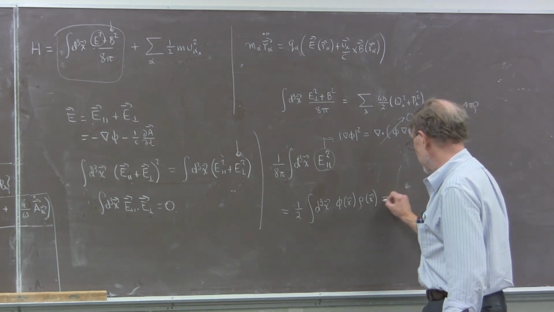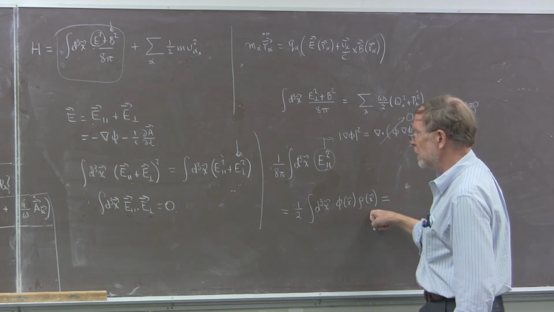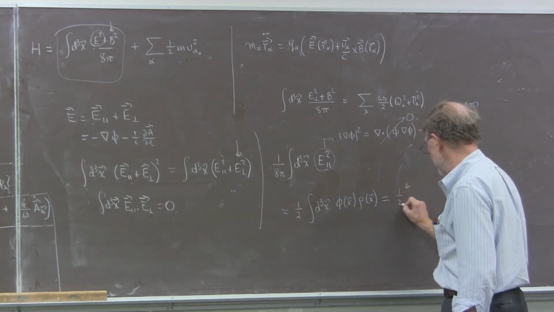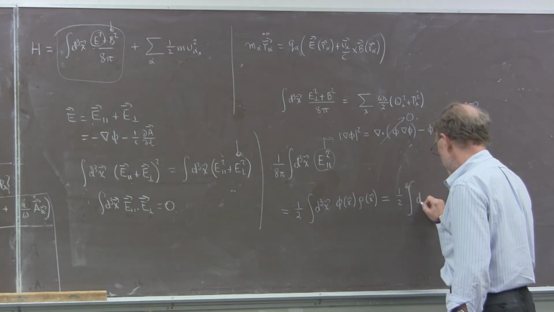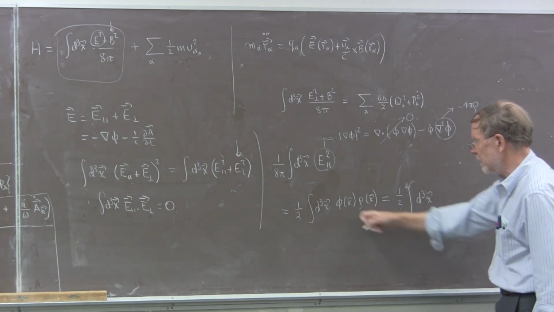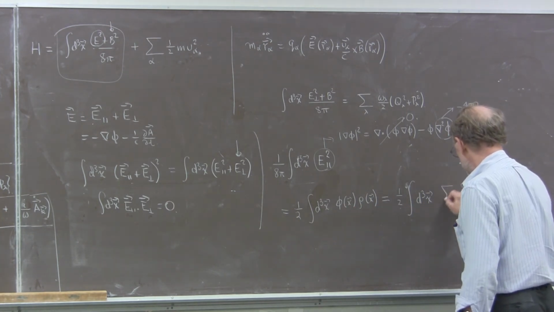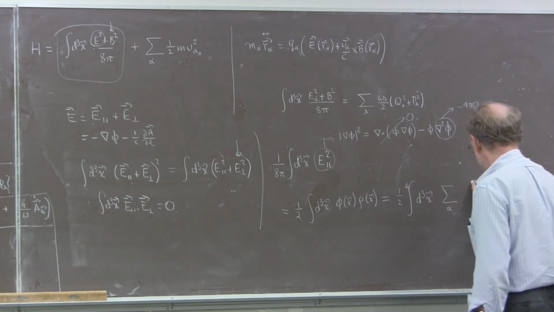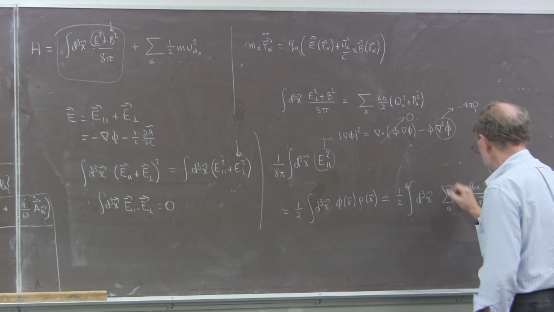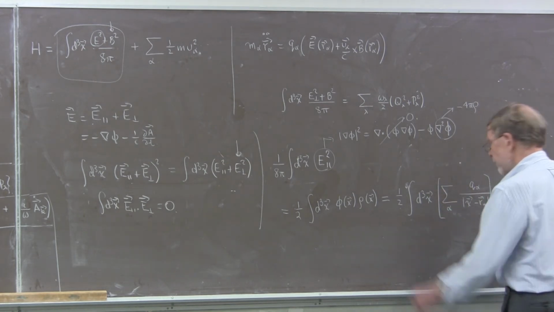All right, anyway, we happen to know what phi and rho are for the charged particles. I've erased the formulas, but we can put them back in again. Here's what they are. It's the integral over space d^3x, and for the potential phi, this is a non-retarded Coulomb potential, so it's a sum on alpha of q alpha divided by the magnitude of x minus r alpha. That's the phi.